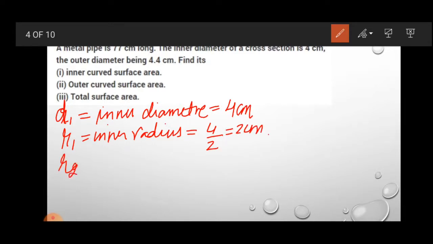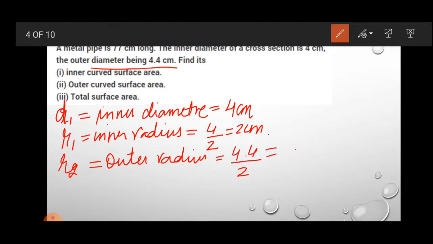And the outer diameter is 4.4 centimeter. So let R2 be the outer radius, which is half of diameter, 2.2 centimeter. Now find the curved surface area.